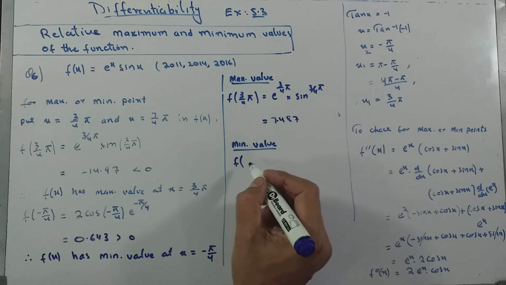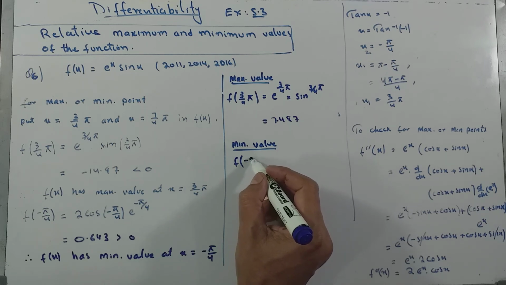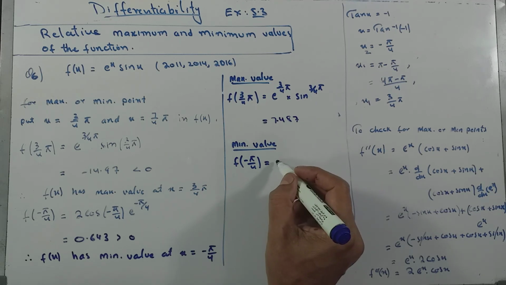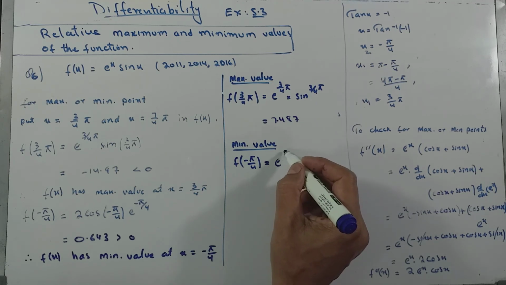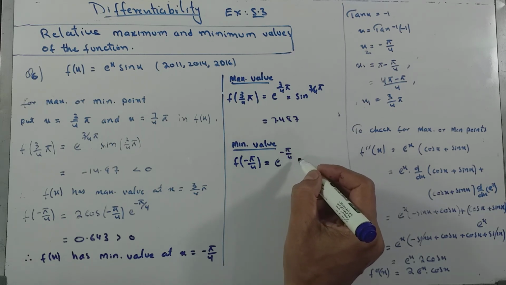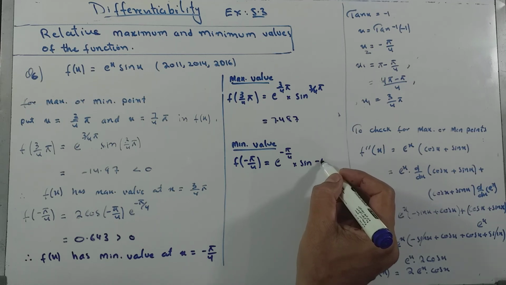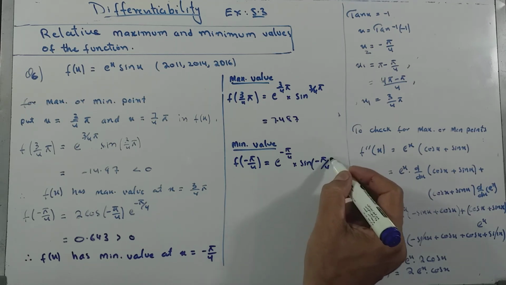The minimum value is f of minus pi upon 4, equal to e^(minus pi upon 4) multiplied by sin of minus pi upon 4.